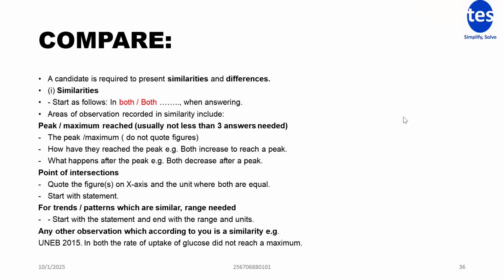Okay, you said they both attain peaks, as simple as that. Don't say they both attain peaks at 6 months, or at 9 months. Just simply say they both attain peaks and end there. That's what it meant.